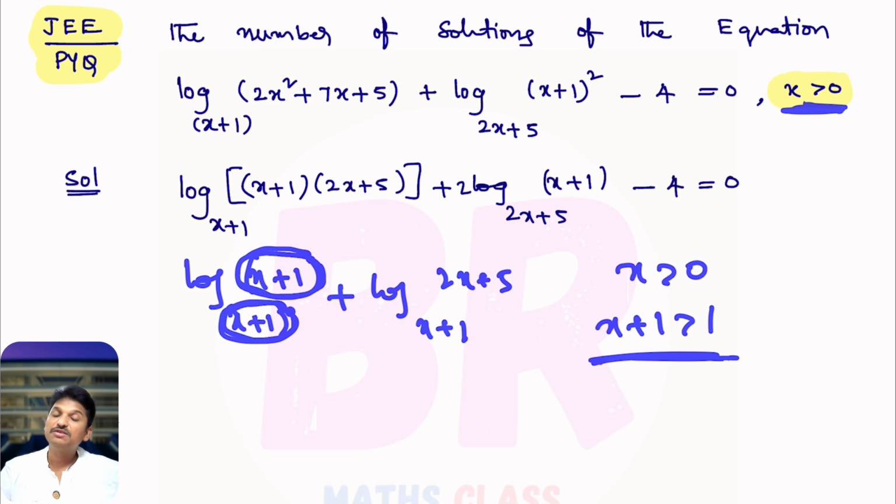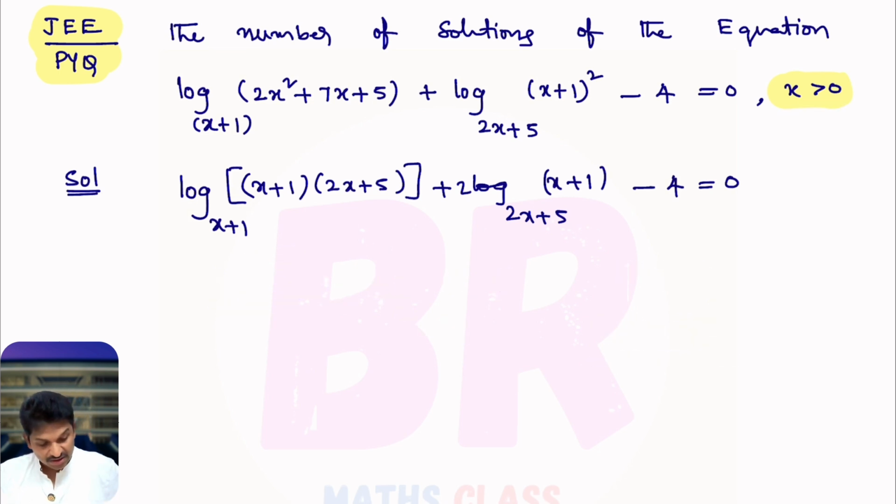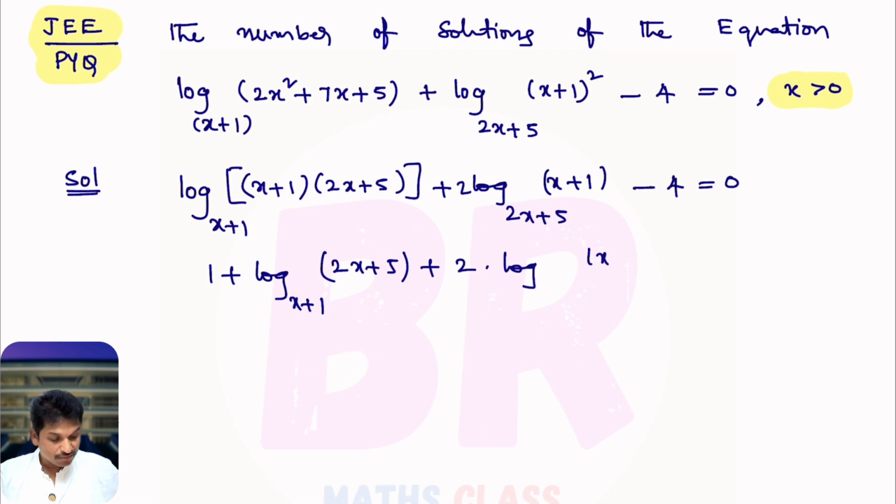So logarithm of x plus 1 base x plus 1 is what? Its value is 1. So this expression will become 1 plus logarithm of 2x plus 5 base x plus 1 plus 2 times logarithm of x plus 1 base 2x plus 5 minus 4 equal to 0.